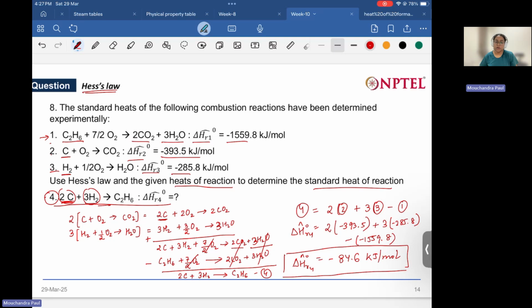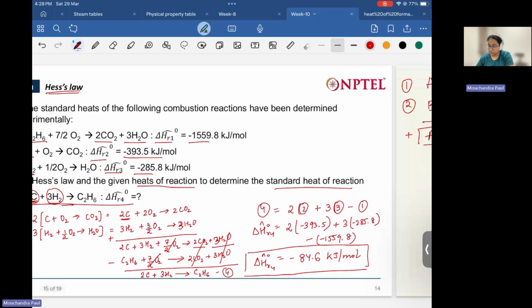But if you find out the heat of formations from the table itself, and you know how the expression goes, then from the known values of heat of formation, you can use Hess's law and apply it to get the heat of reaction for those reactions which, condition wise, you cannot perform yourself.